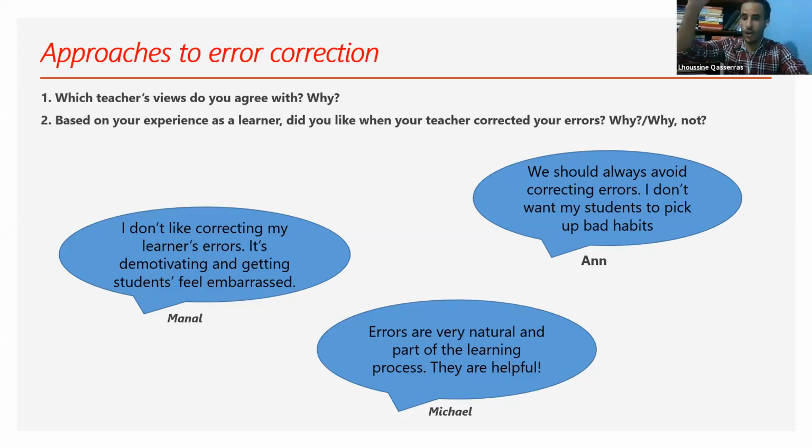This is correcting all the time on the spot. Another approach, Michael: errors are very natural and part of the learning process. They are helpful. So there are three approaches: to correct, not to correct, or to delay.